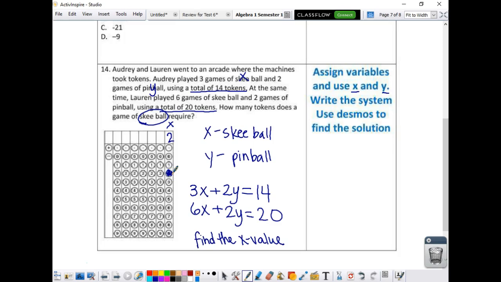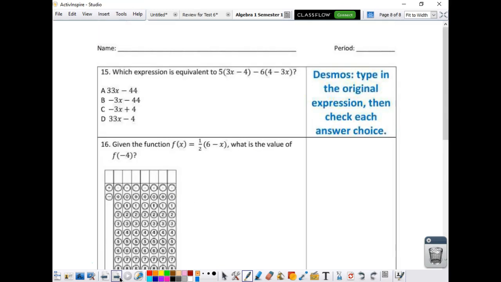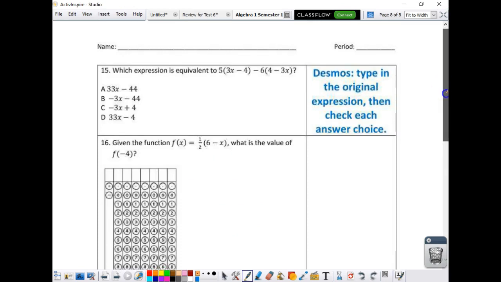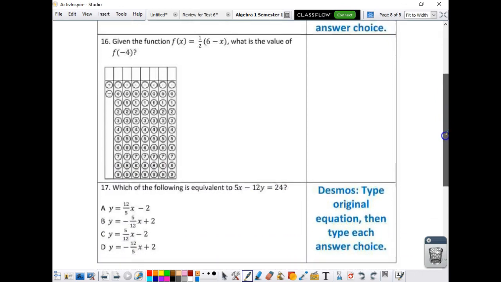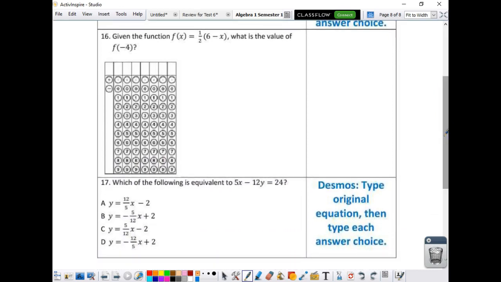Okay, next page. So number 16 is a function notation question. It says, given the function f of x equals 1/2 times 6 minus x, what's the value of f of negative 4? So all you need to do is take the negative 4 and plug it in for x.